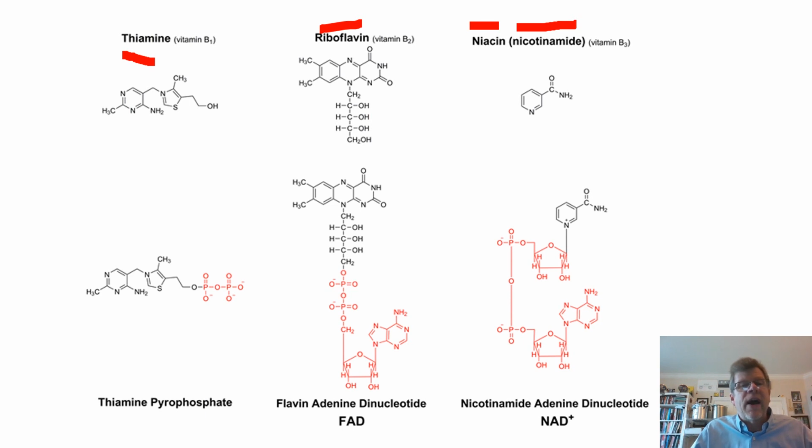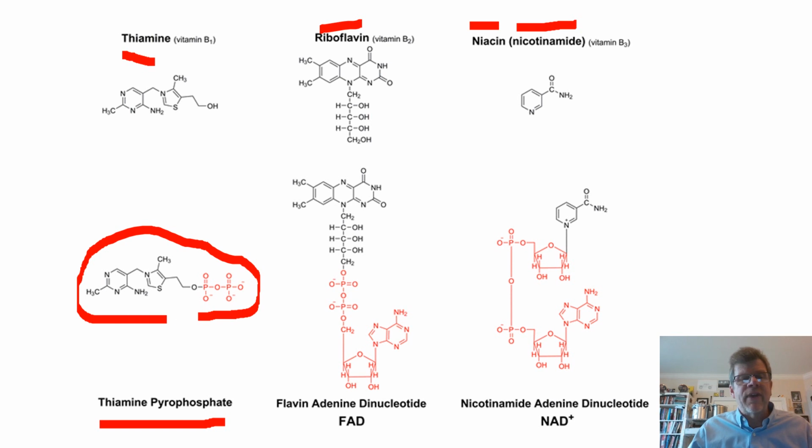And so thiamine actually becomes, as we said, thiamine pyrophosphate. The body tacks on a couple of phosphate groups, and this is the actual cofactor that is required in that enzyme-mediated reaction, not the original vitamin. It has to be structurally augmented.